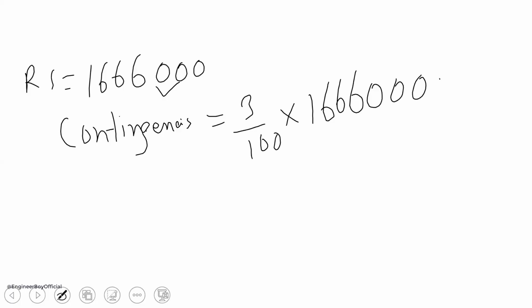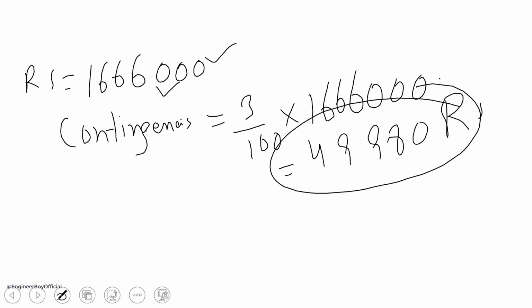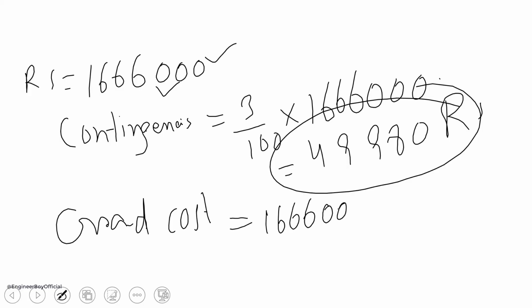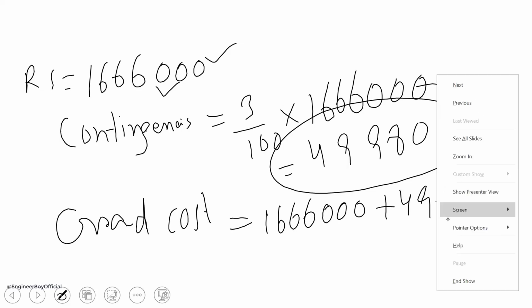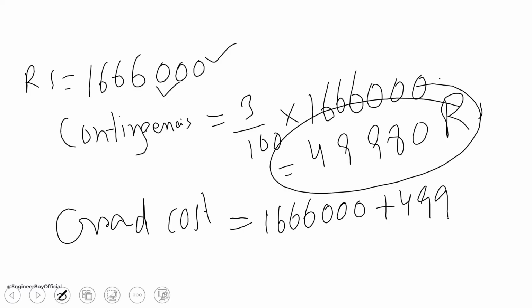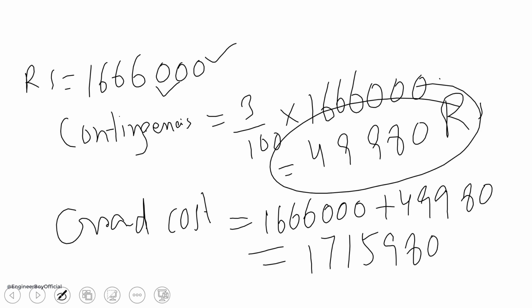It's very simple. Now the contingencies are 49980 rupees. So now the total cost, or the grand cost, or the rough cost estimate, is 1,666,000 plus 49,980, and this is going to be, if I'm not wrong, 1,715,980 rupees.